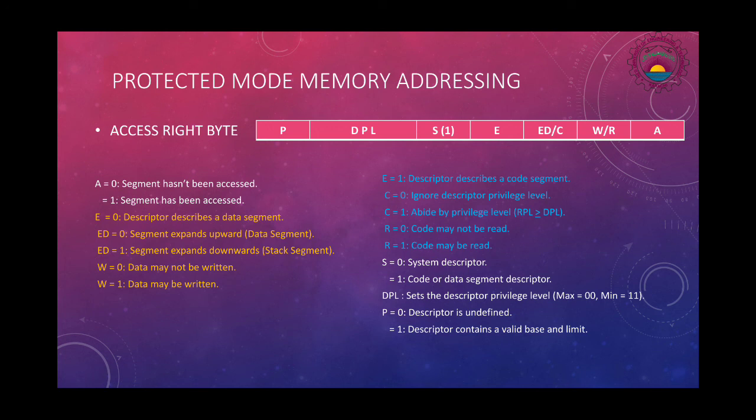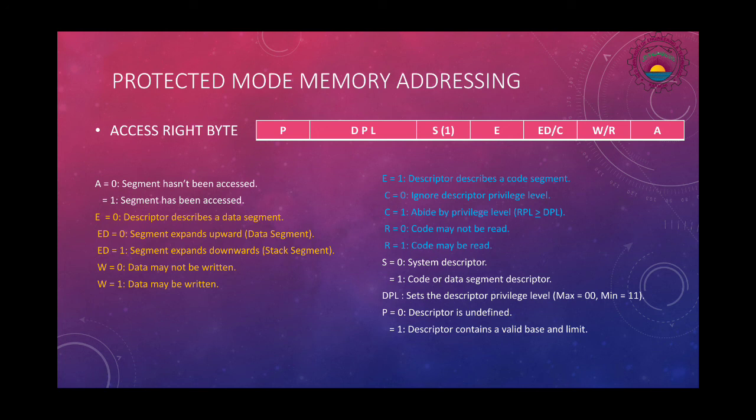Here we have to discuss only code and data segment descriptors. The next bit is the S bit. S will be logic 1 if we are going to access a code or data segment. Otherwise, if S is 0, then this descriptor is a system descriptor, and the remaining 4 bits of the access byte will have some system function code.